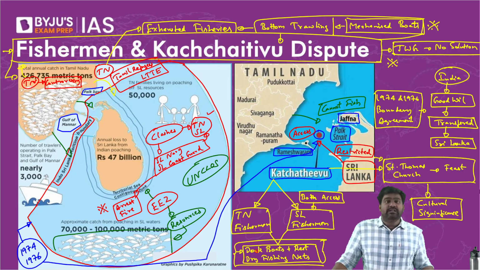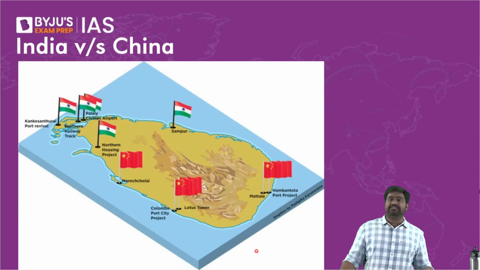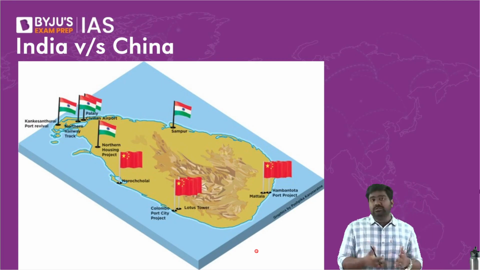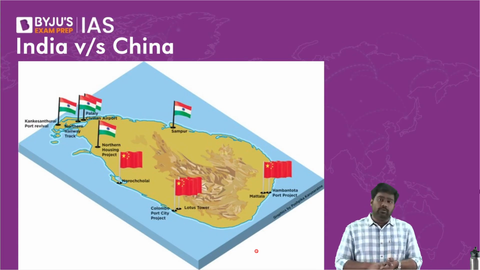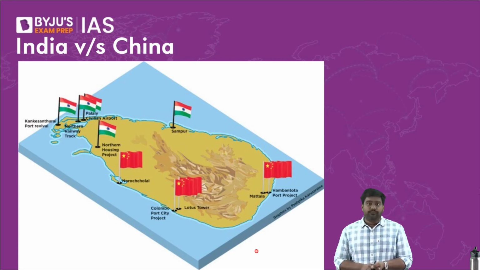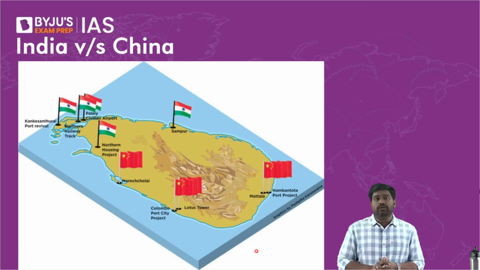So this is another important topic, because in the last 15 months, as I told you, we have seen at least 4 incidents, and there have been many articles on this as well, because there was a rumor going around that India and Sri Lanka might revisit the sovereignty of Kachativu. There was a discussion going on that India is giving so much economic assistance, we might claim Kachativu back.